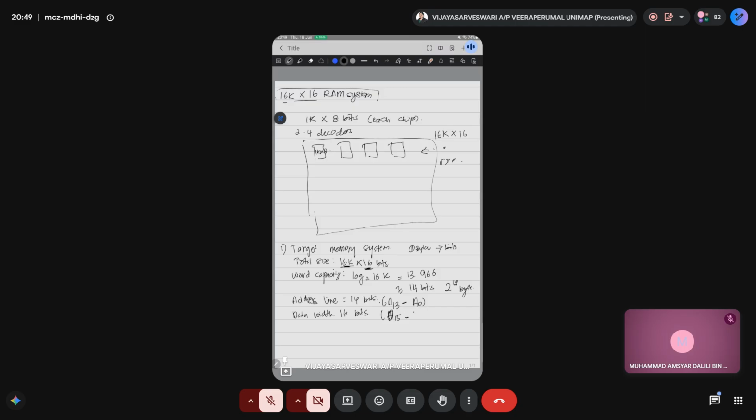D15 until D0. This is the data, the D. You remember the chip has A and D. So this is for the target memory system.